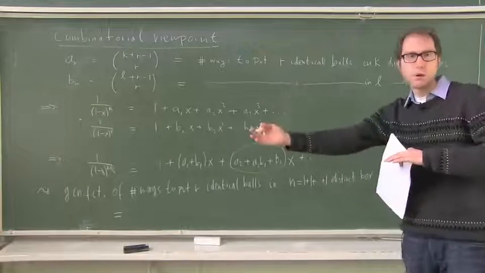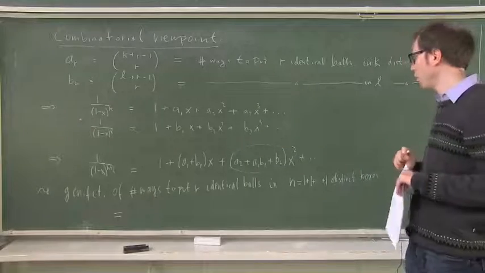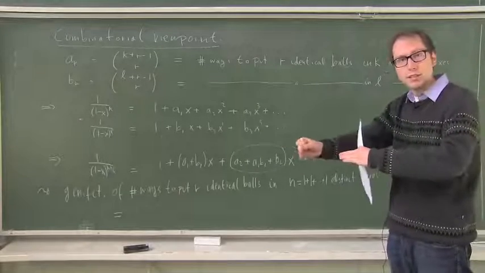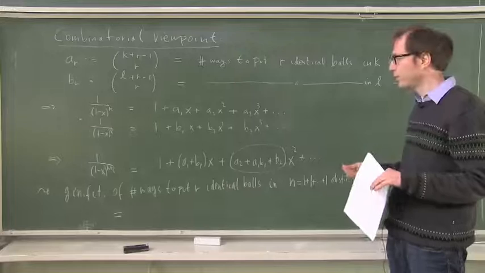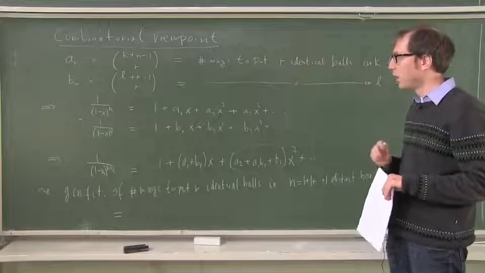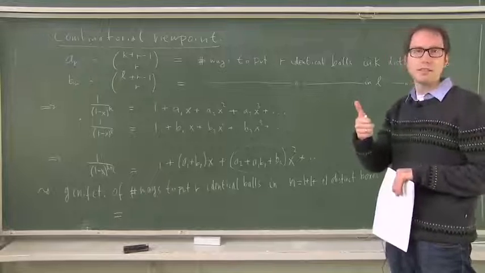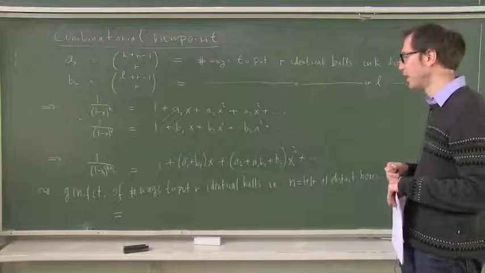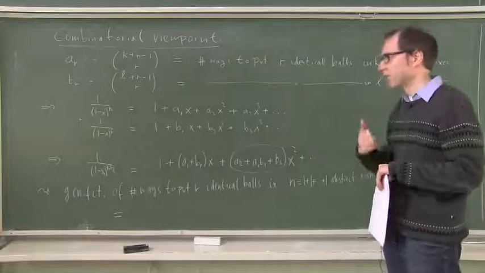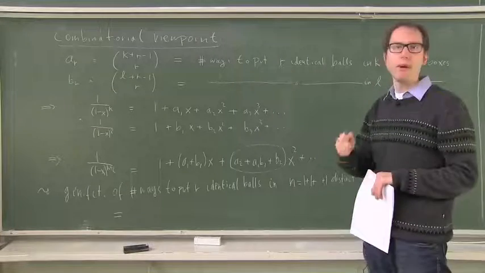Now we can just chop it in smaller pieces. If we do so, we can finally have only one box. And so what do we get? Well, we only have to figure out what's the generating function of the number of ways to put r identical balls in one box. Well, that's not so hard. There's essentially always just one way to do it.